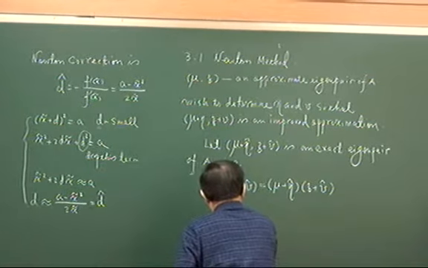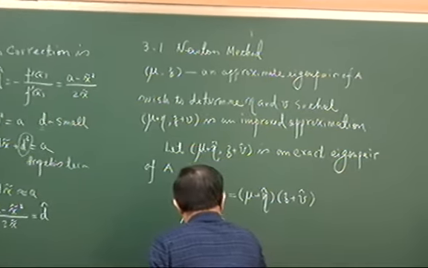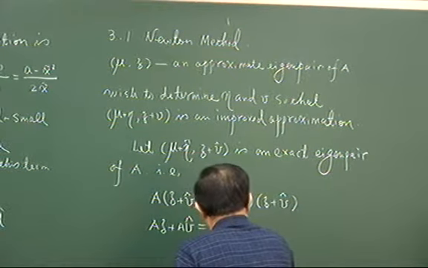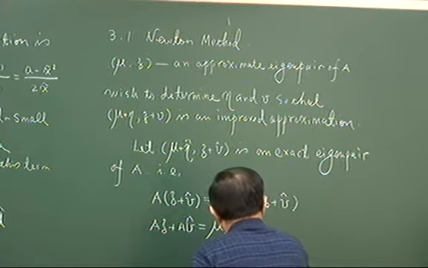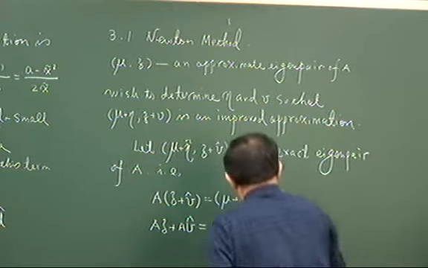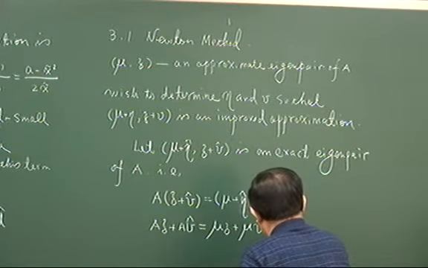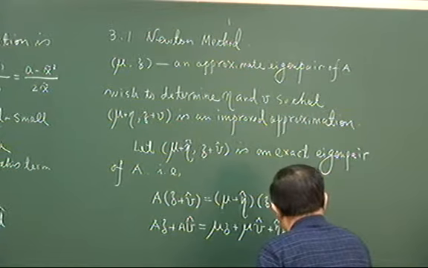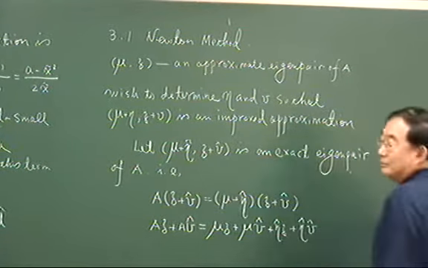We get Az plus A v hat equals mu z plus mu v hat plus delta mu hat z plus delta mu hat v hat.